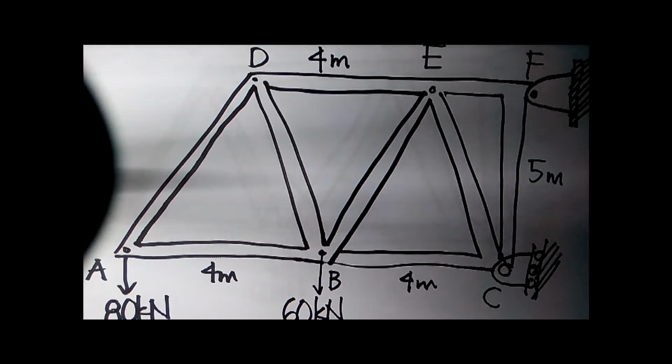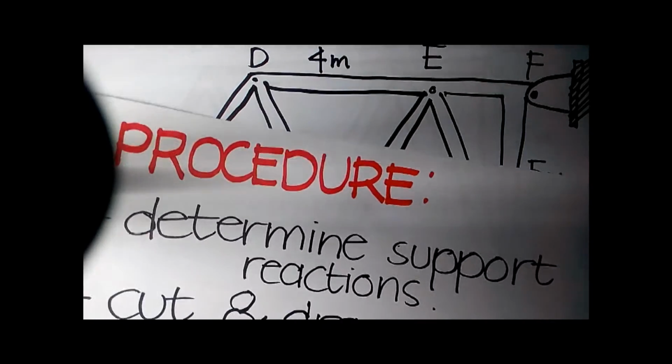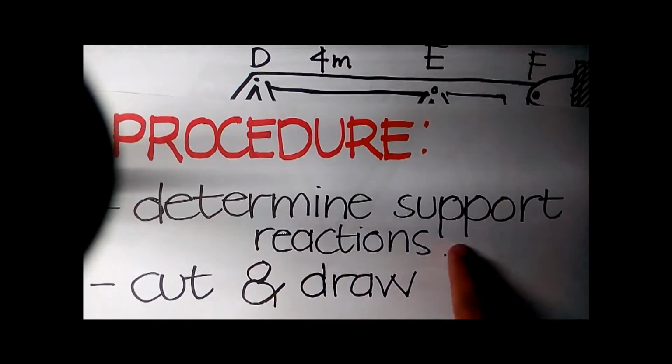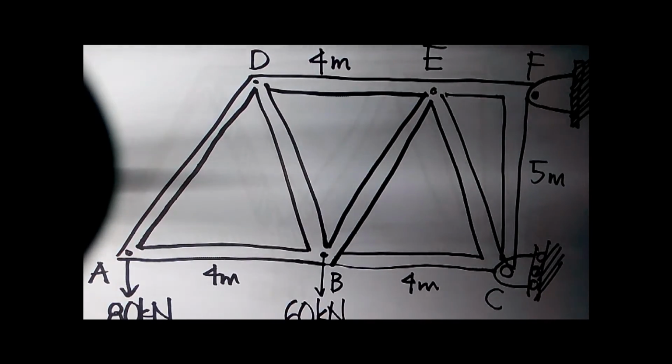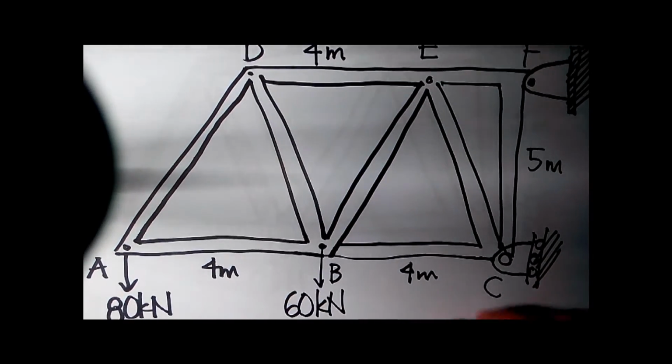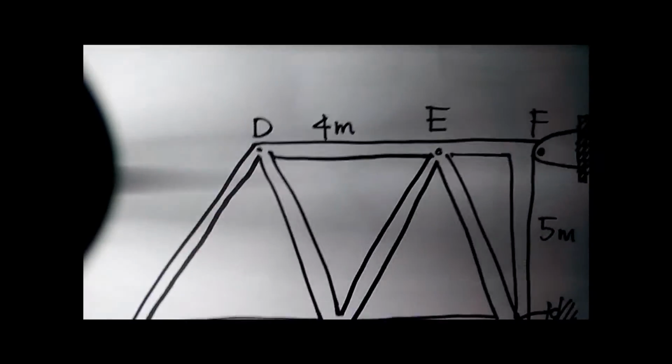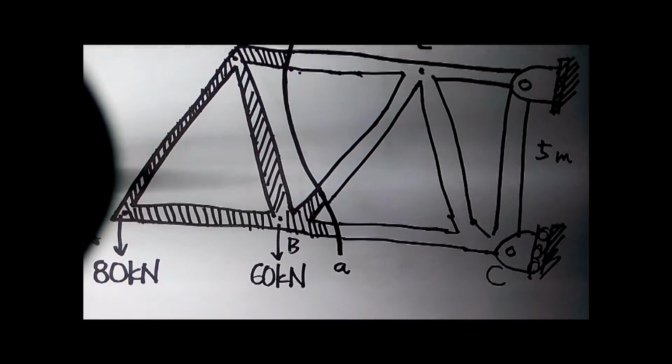So as you recall the procedure that I showed to you earlier, first is to determine the support reactions using a section line. So here is the section line.